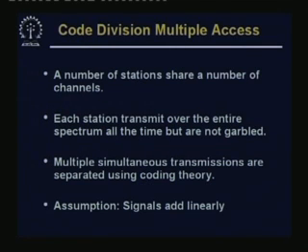So, what do we have? A number of stations share a number of channels. Each station transmits over the entire spectrum all the time, which means that it is not excluded either in the time dimension or in the frequency dimension. Each channel can go on communicating in the entire frequency band all the time. Now, how will that happen?